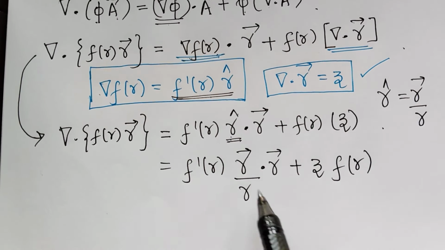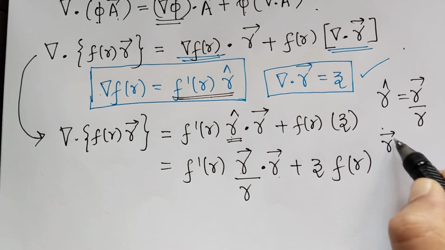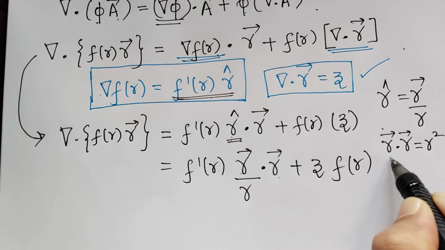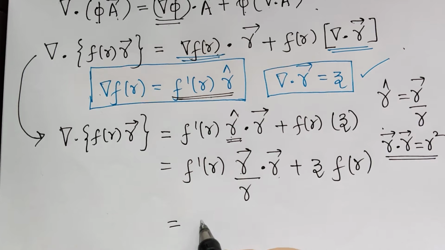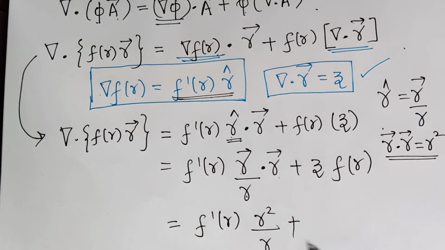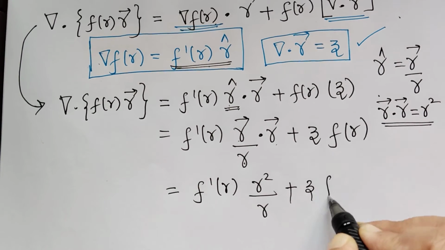Now we know that r vector dot product with r vector will be equal to r square. So applying this, we will be getting f dash of r multiplied with r square divided by this r plus 3 multiplied with f of r.